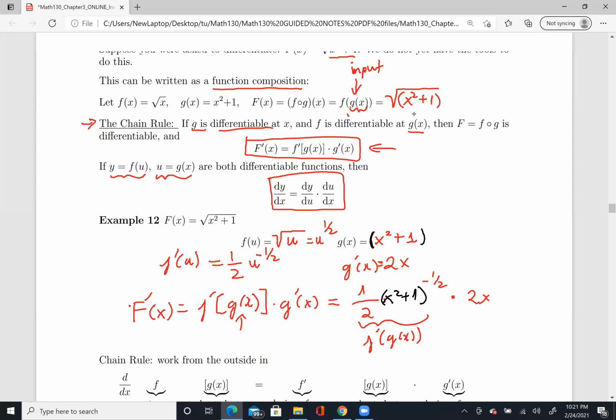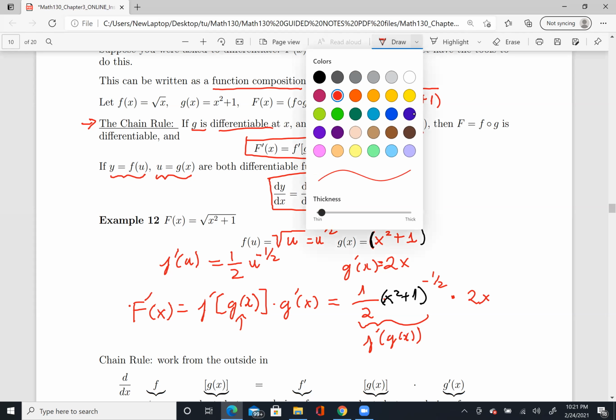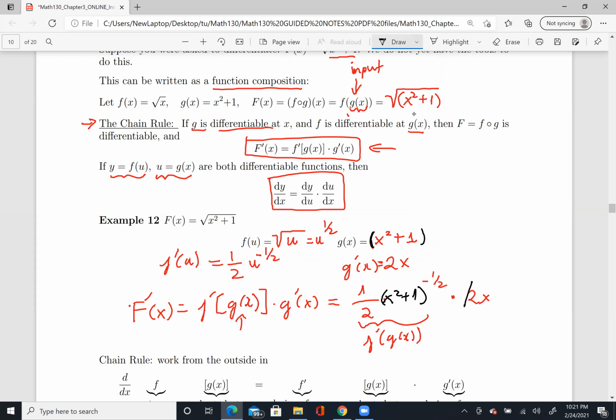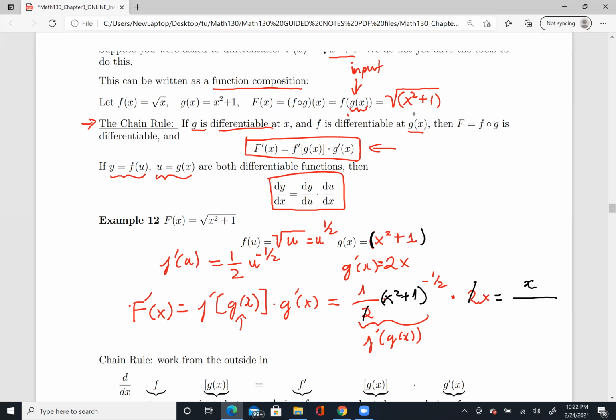So you can cancel something in common, the 2 and 2 over here. Now you have the final answer: the top should be x, and you can put x squared plus 1 to the power negative 1/2 at the bottom, or with a square root instead of the 1/2.